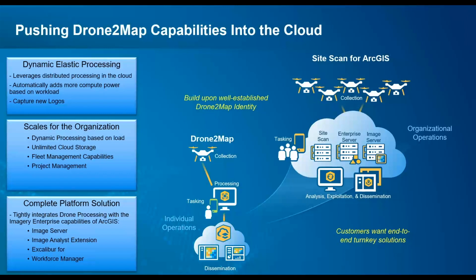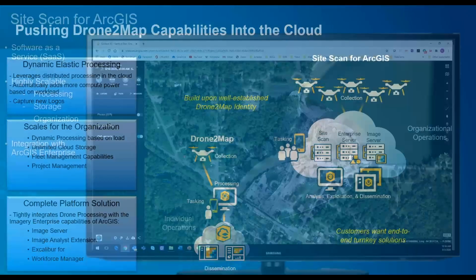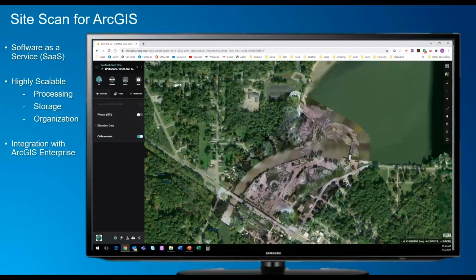And essentially what we've done is we have taken all the drone processing capability and made it into a software as a service solution. And so this is actually all totally runs in a web browser. You simply go out, fly your drone, you upload your imagery into the cloud, and off it goes.